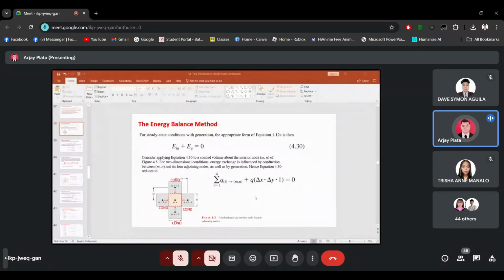Just a recap: yesterday we discussed the energy balance method, so we solve for the temperature distribution using this method.